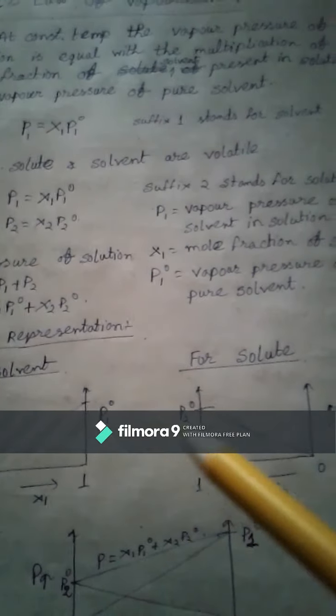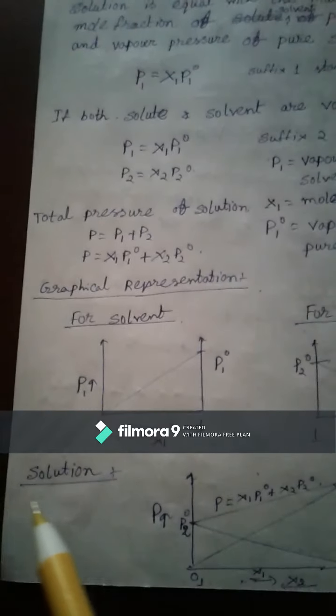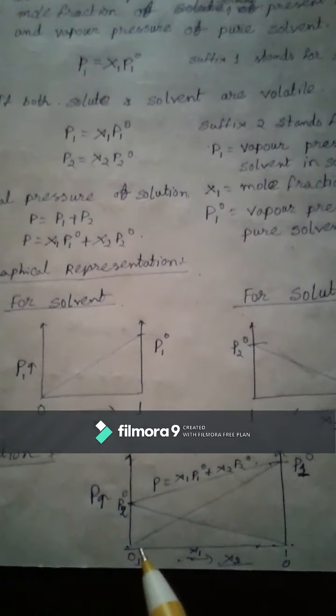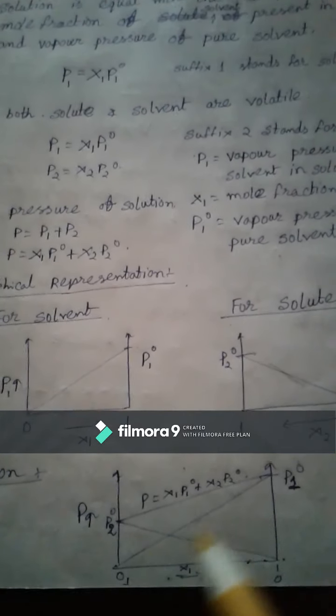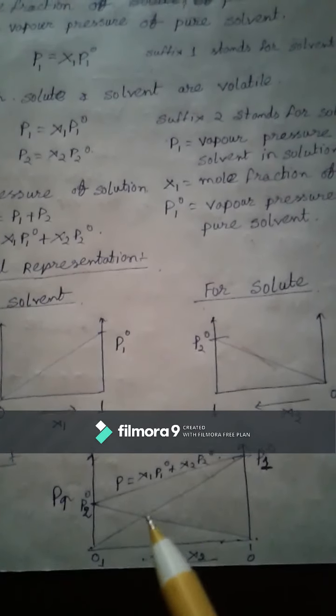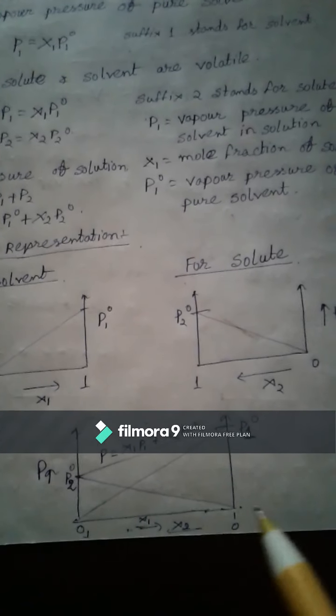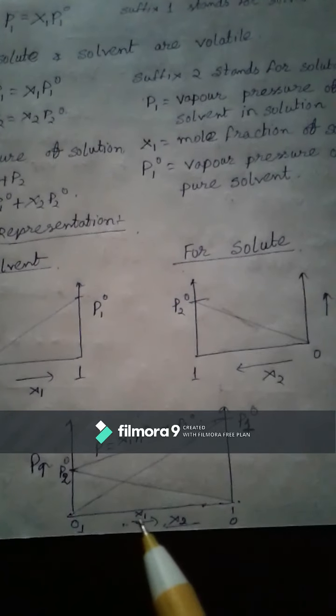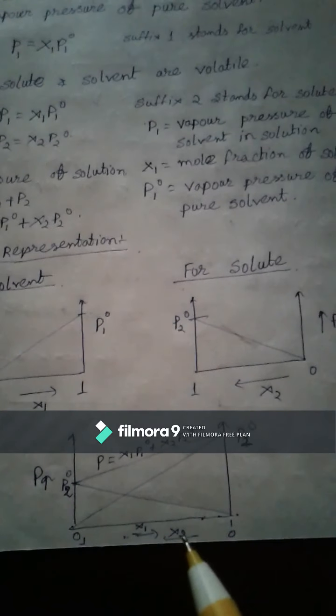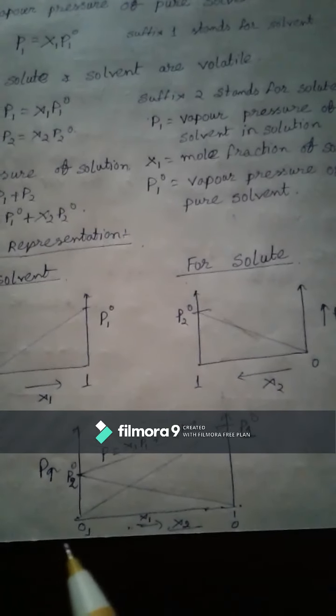So the graphs are mirror images of each other. This is because when we want to draw the graph for the solution, we have to draw both the straight lines in the same graph, and here from 0 to 1, from left to right for solvent, and for x2, that is 0 to 1, from right to left, for solute.